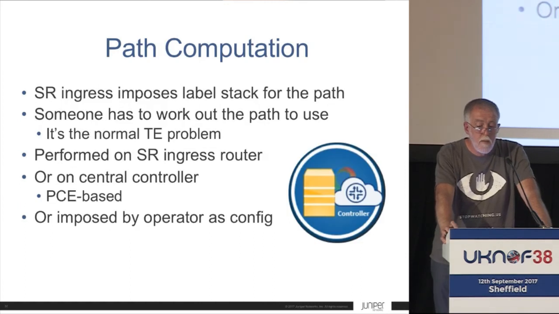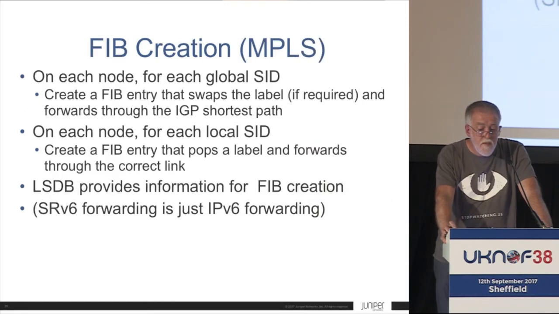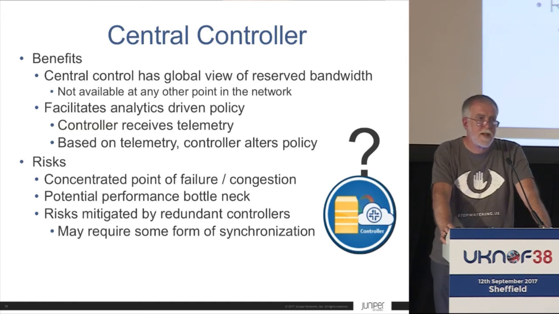And then somebody has to compute paths. That's fine. You can do that in a central controller, or you can do it at the head end. And if you use a central controller, well, it's SDN, so beware. You have single point of failure, maybe. You have security risks.